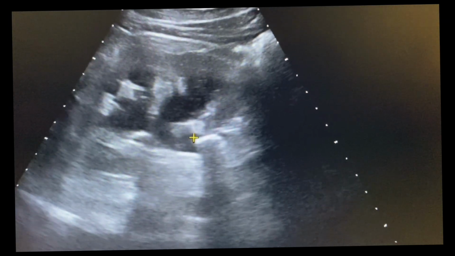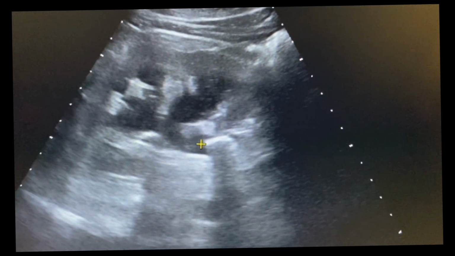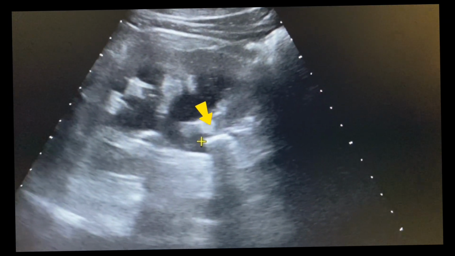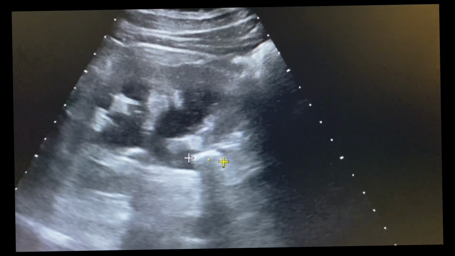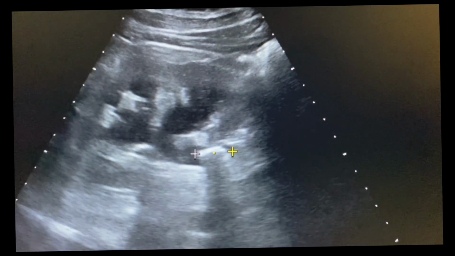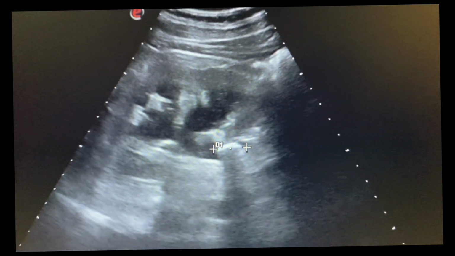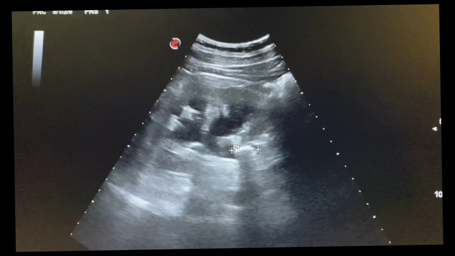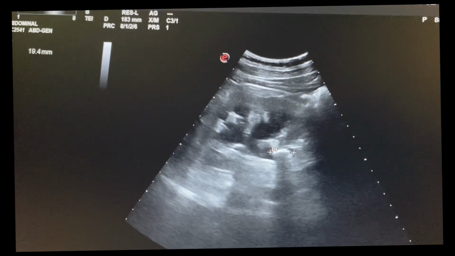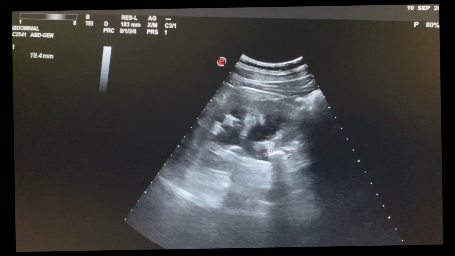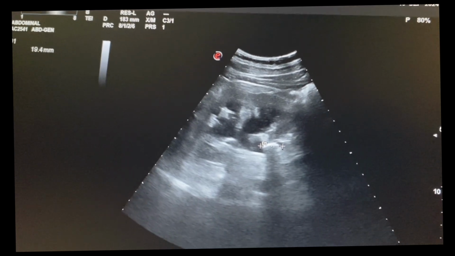Now we are measuring the size of the calculus in the proximal ureter. The size of stone is 18 millimeter and oval shaped.